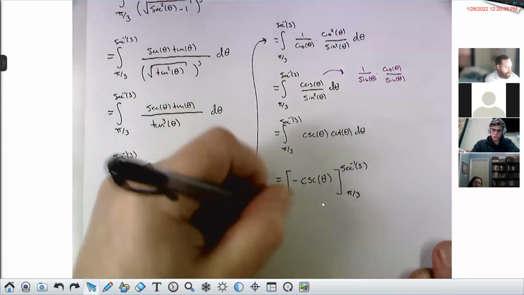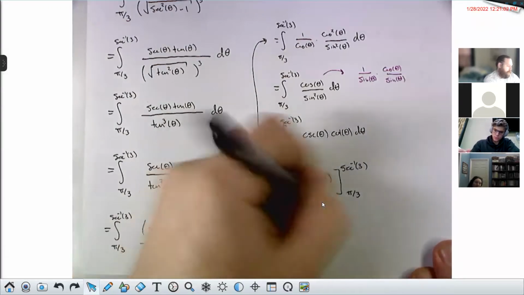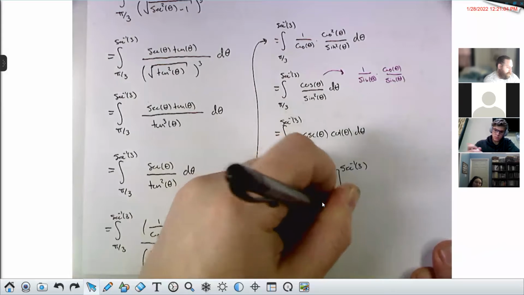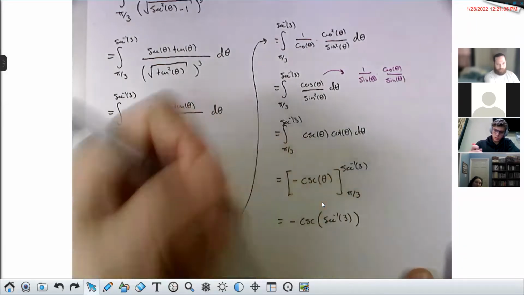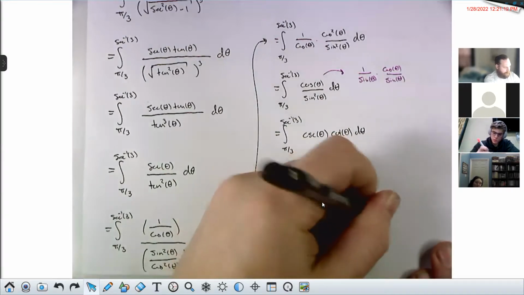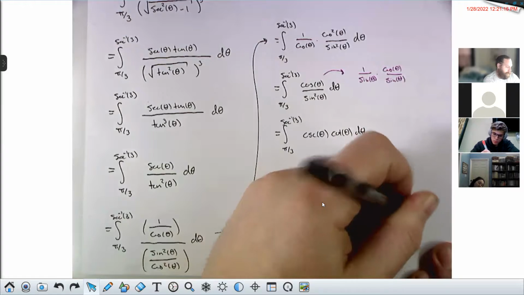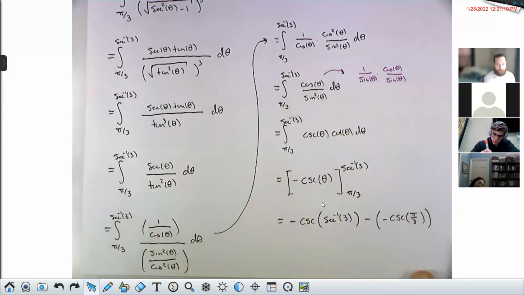So we get negative cosecant of inverse secant of 3. And that can be simplified. I will show you how. Minus negative cosecant of pi over 3, which you should know from your unit circle.